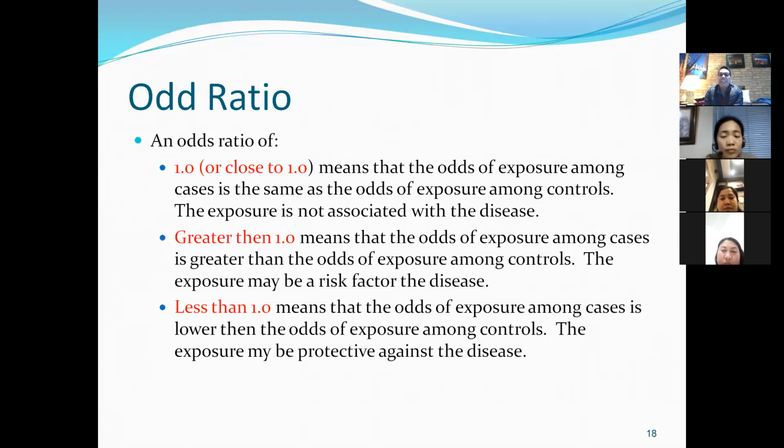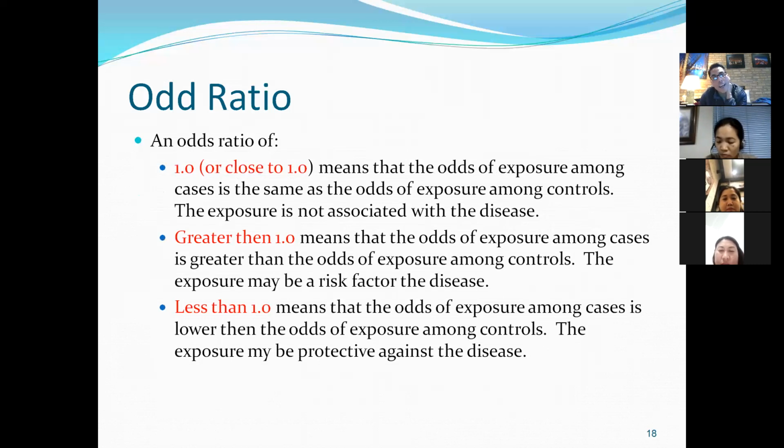It means that the odds of exposure among cases is the same as the odds of exposure among controls, and the exposure is not associated with the disease. 1:1, perfect. So an odds ratio of 1, nothing. The exposure has no effect whatsoever on disease occurrence.